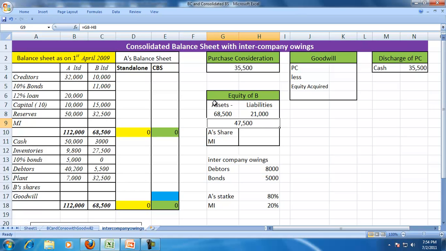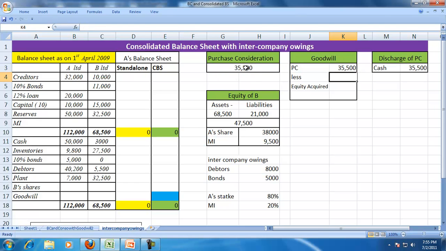So the equity of B is 47,500, and A acquires 80% of that, and that is A's share, and the minority interest is the balance, that is 20%. We'll use this information to calculate the goodwill.